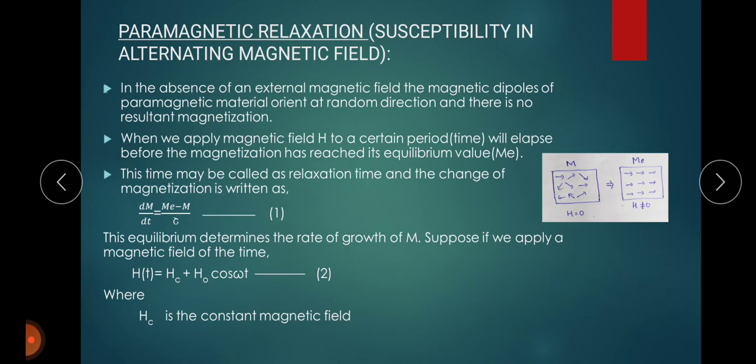This is equation number 2, where Hc is the constant magnetic field and omega is the angular frequency.